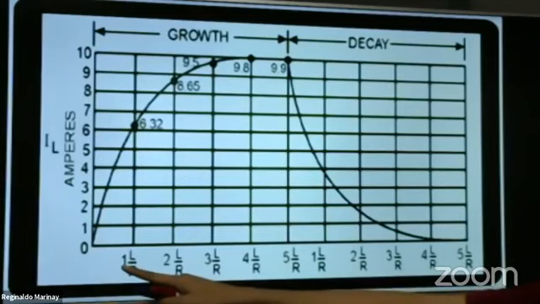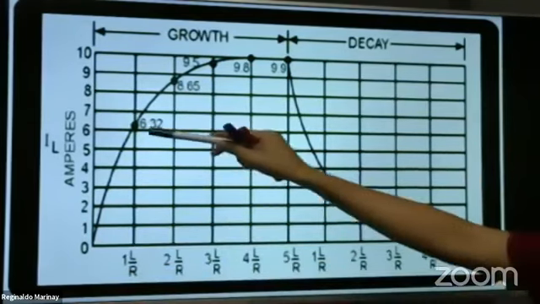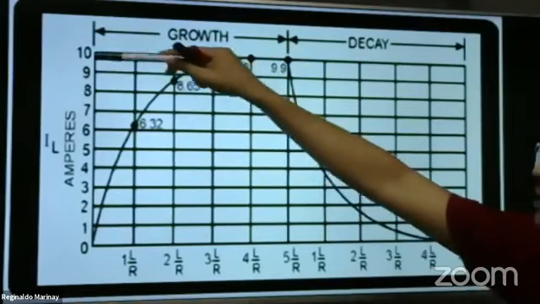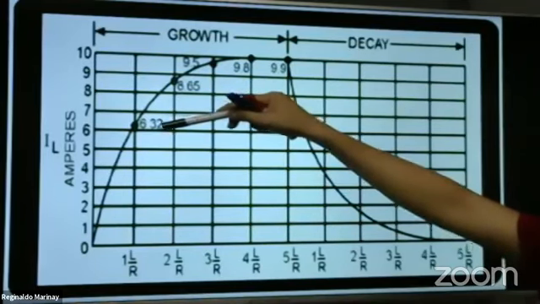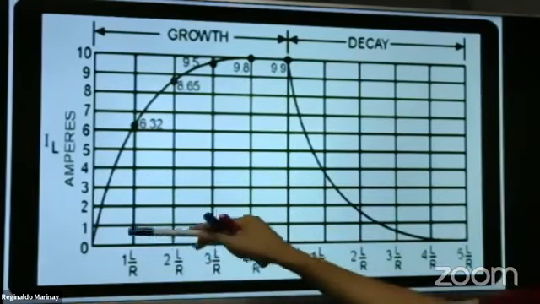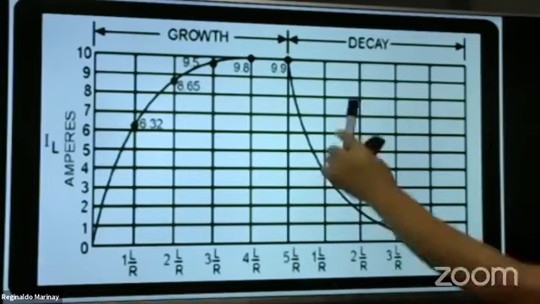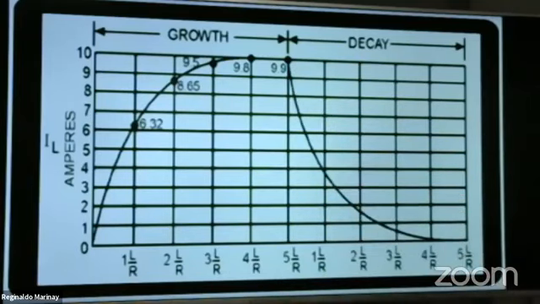The time constant for RL is L over R. This is 6.32 with respect to 10. If this is 100%, this is 63.2%. That is one time constant. Then there are 2, 3, and 4 time constants. When it reaches 5 time constants, the circuit is already in steady state condition.